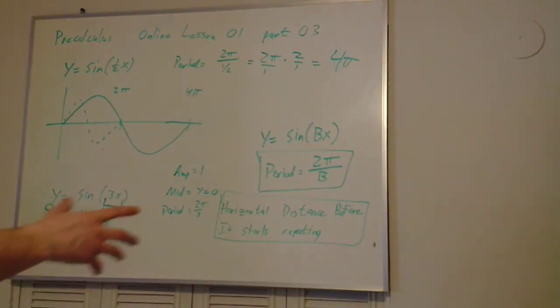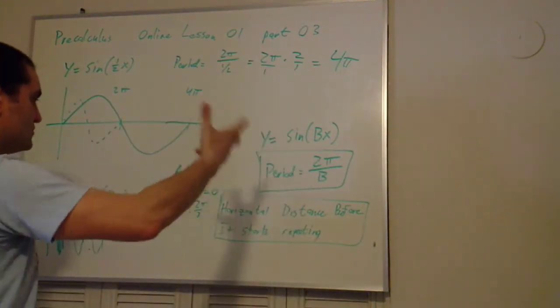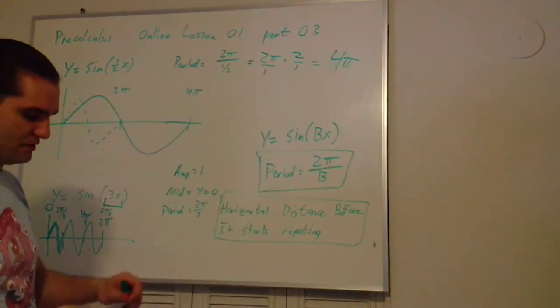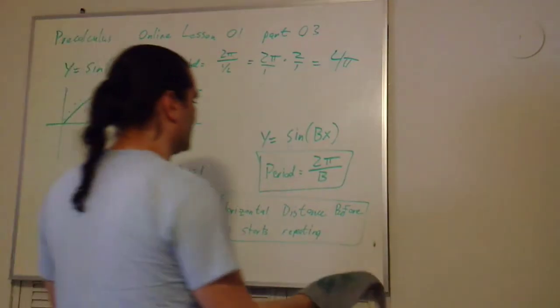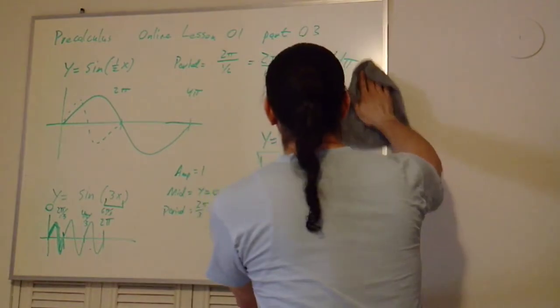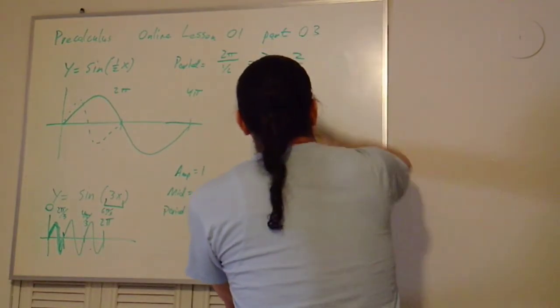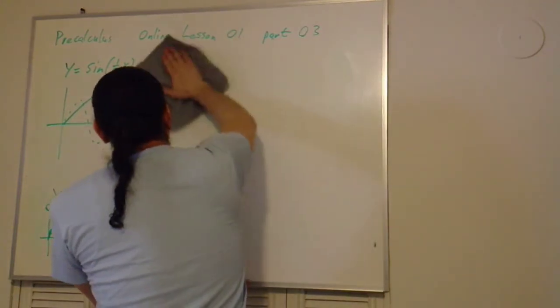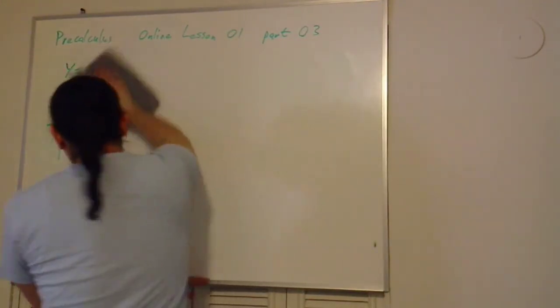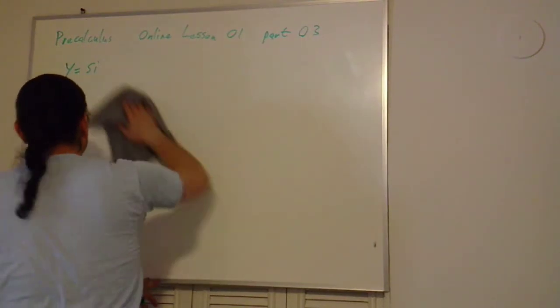And again, you can combine these period issues with other kinds of transformations, and you can get some pretty cool looking sine waves. I'll do one of those right now. And in fact, I think it's time I start experimenting with cosine as well.